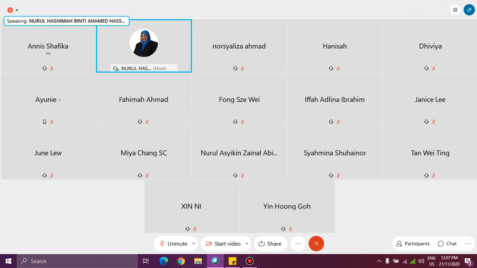May I know is there any textbook recommended? Okay. Alright, so June, if you look at the course planner, memang ada textbook. Tapi kan, the textbook is too thick.